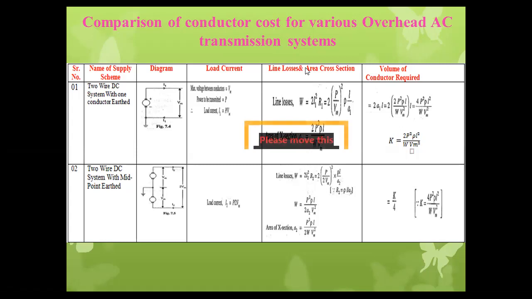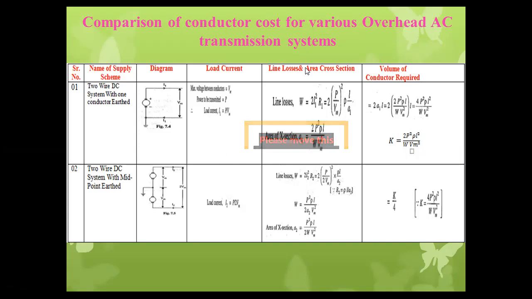As per their formulas, we can conclude that. So by seeing the table which I have given to you, that is the different supply schemes, refer to that table to compare.